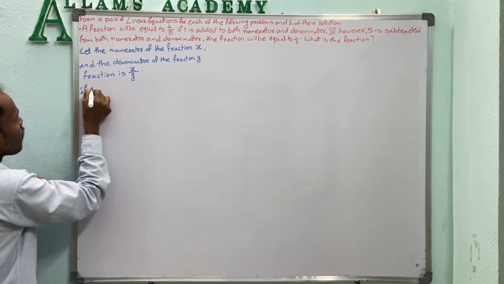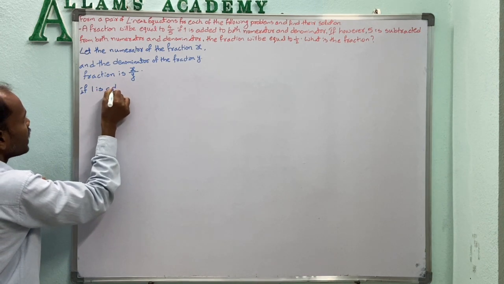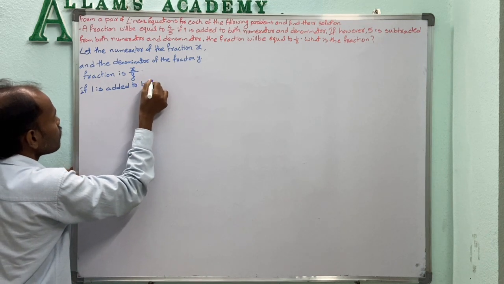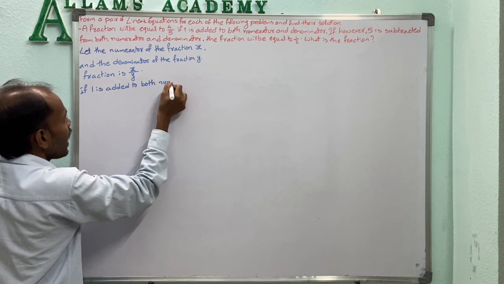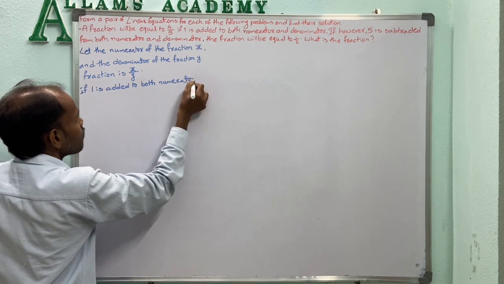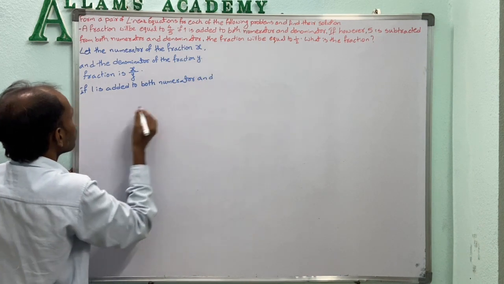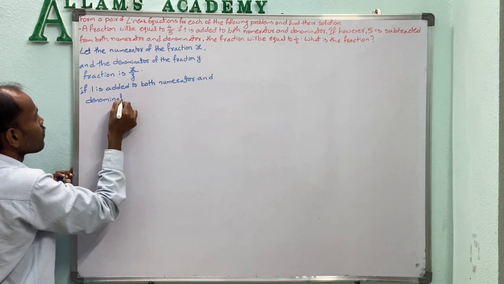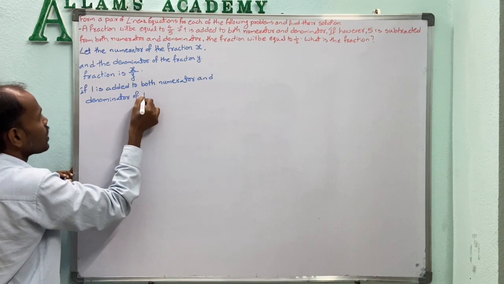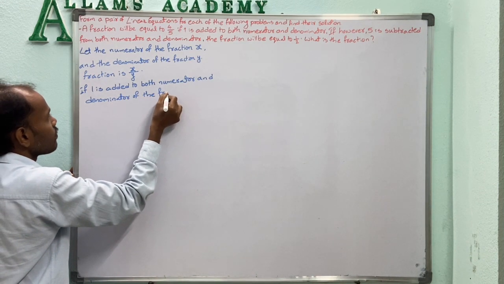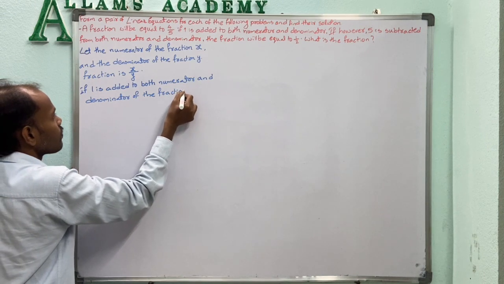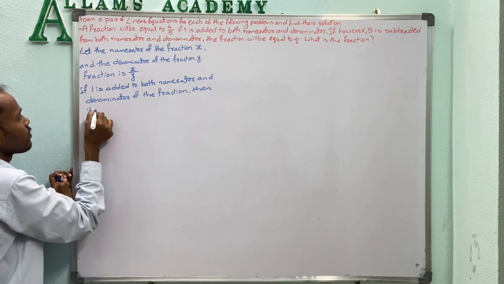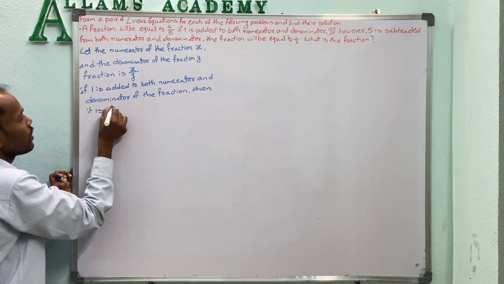Now if we add 1 to this fraction, we get 4 by 5. If 1 is added to both numerator and denominator of the fraction, then it is 4 by 5.